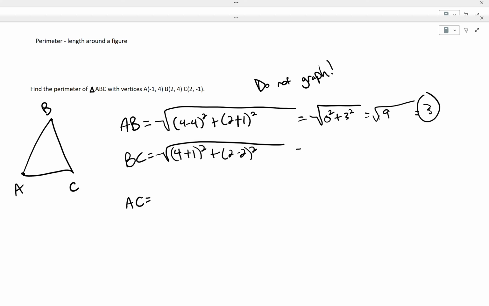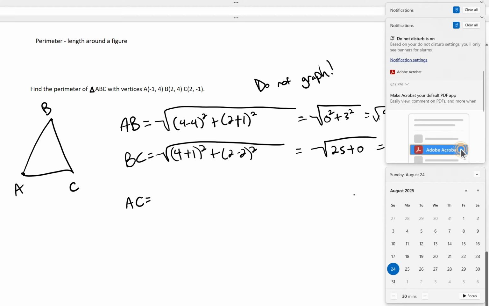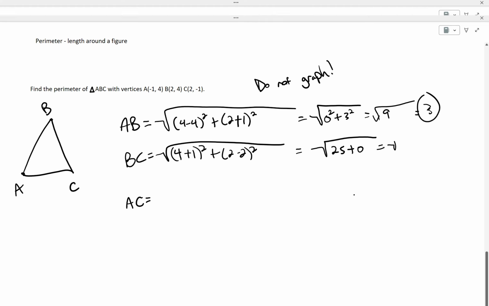We've learned that with the distance formula. And if you don't believe me, you can do negative 1 minus 4, which is going to give you negative 5. And negative 5 squared is going to be 25, which is what we get if we take 4 plus 1, which is 5, and square it. 2 minus 2 is 0 squared. Which is going to be the square root of 25, which is 5.